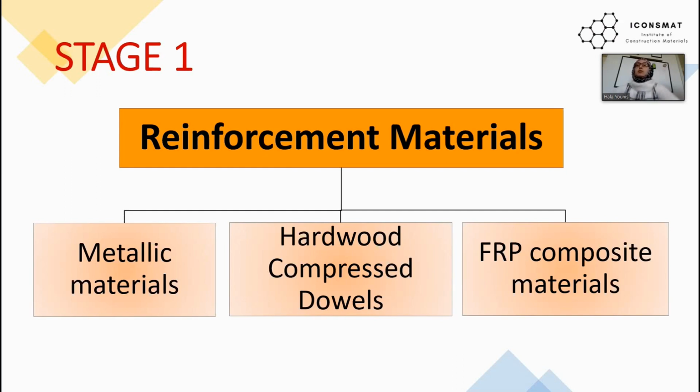This material has reported a noticeable strength improvement in timber structural members. However, due to many reasons such as corrosion, adding extra weight to structural framing, expensive material, and the requirement of highly skilled people to install it, the use of this material has been reduced.